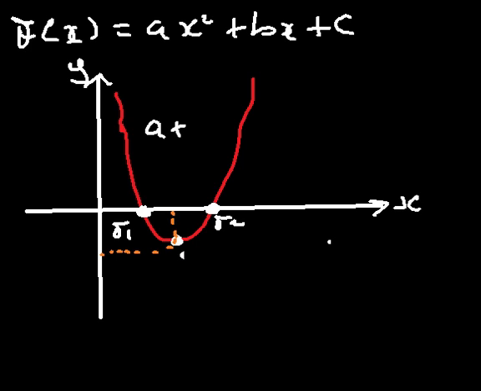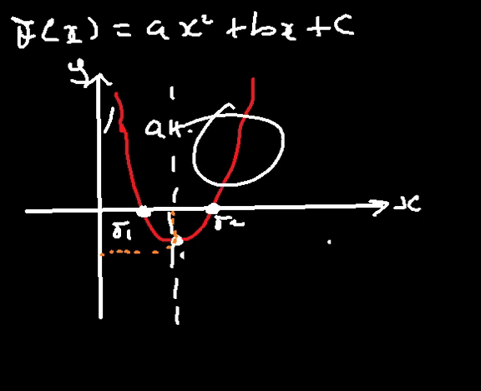In this case, a quadratic graph can be cut into two equal parts. So this is the line of symmetry, where the graph is cut into two equal parts, this part as well as this part.